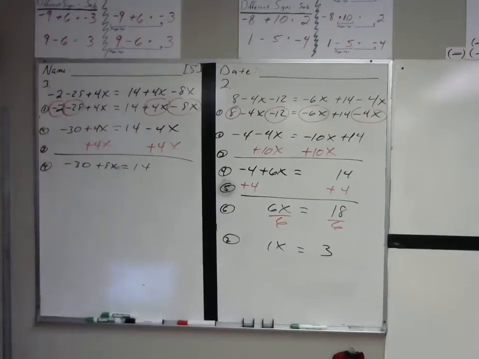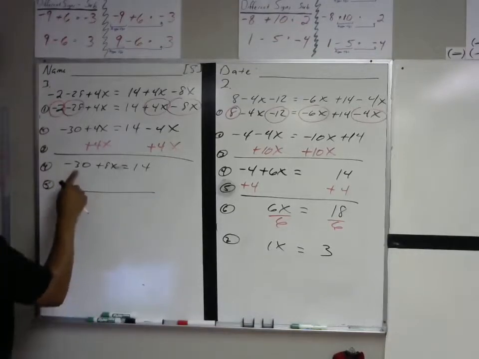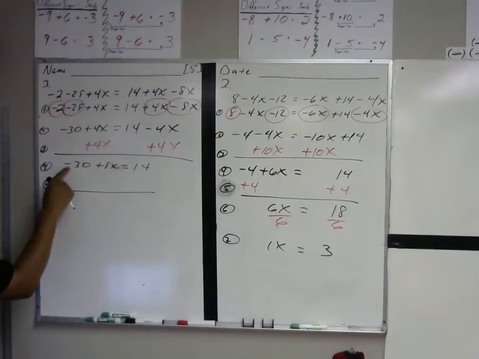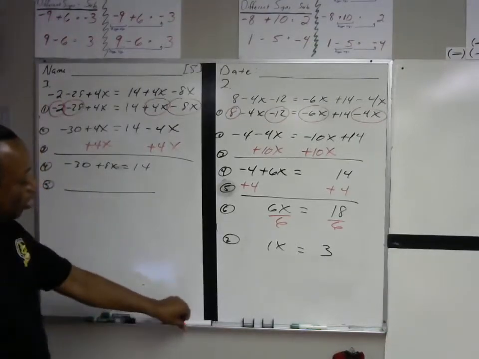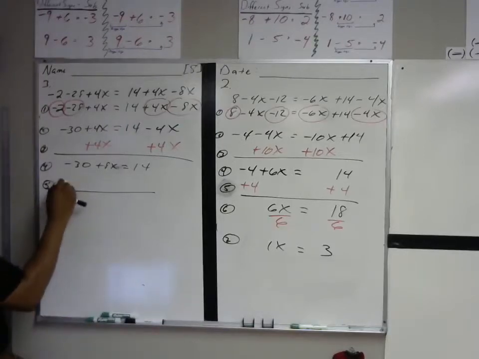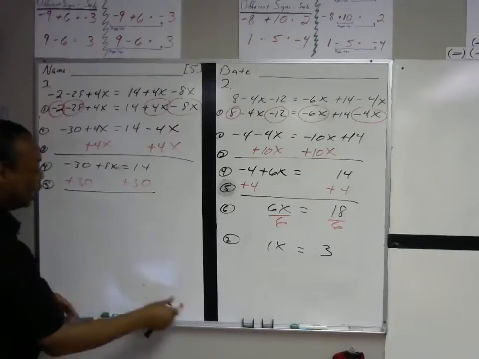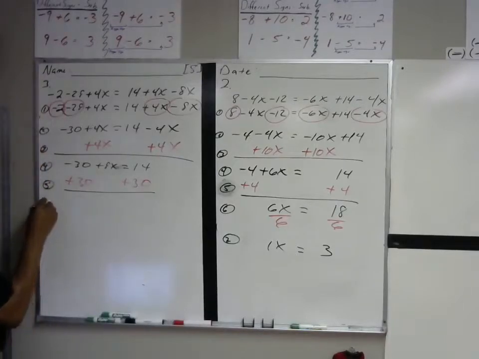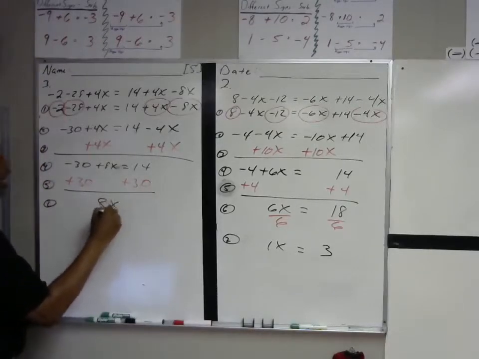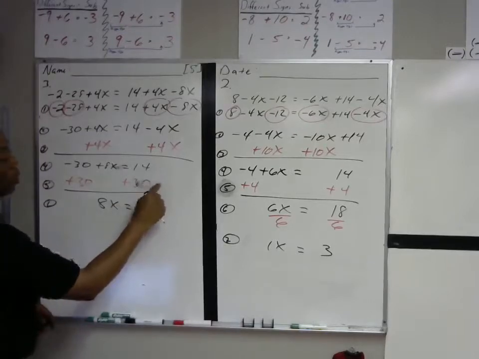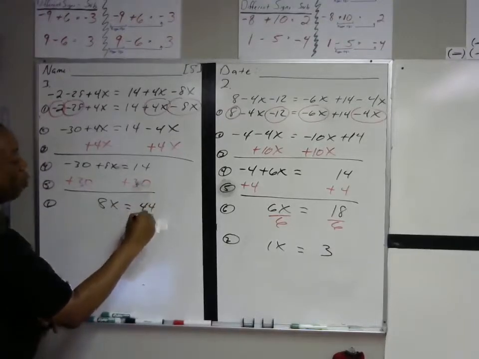How do you get rid of the subtracting 30? That's a subtracting 30. How do you get rid of it? Add it. Thank you, guys. Add 30. So plus 30 to both sides. Step 6, I end up with an 8x equals, these two are same signs, add 44.